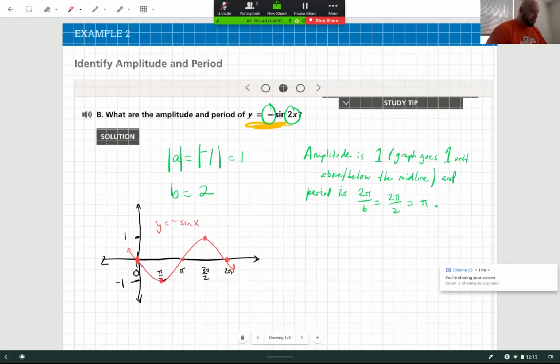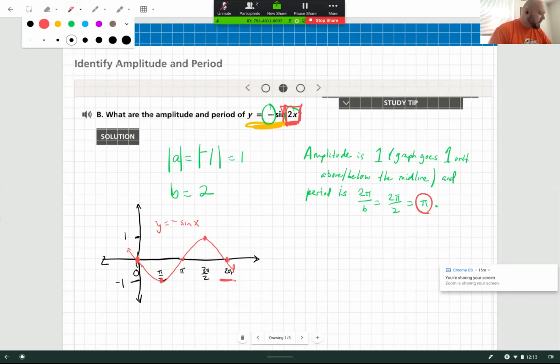But we don't have just a sine graph that got flipped over. We also have our period changing. We have 2 graphs that fit in one. Our period is just pi, but I went all the way to 2 pi. So I need to be able to sketch an entire graph in just pi units, which means that if I'm going to do this over top of this current graph, I need to finish at this point pi.